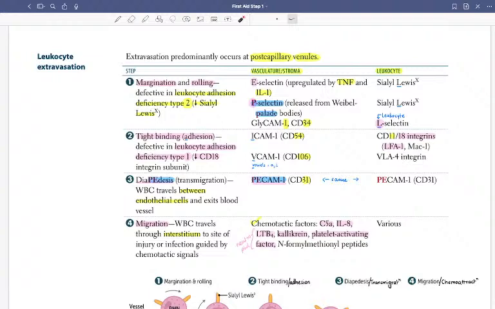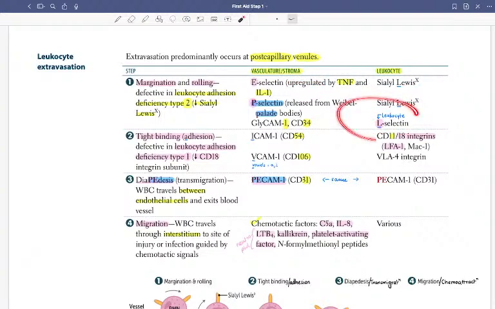Margination and rolling: you have E-selectin upregulated by TNF and interleukin 1, P-selectin released from Weibel-Palade bodies, GlyCAM-1, CD34. On the leukocyte side, with E-selectin and P-selectin we have sialyl Lewis, and L-selectin.